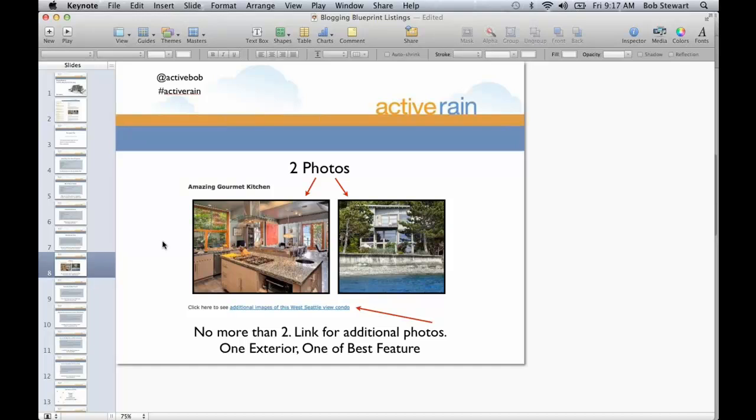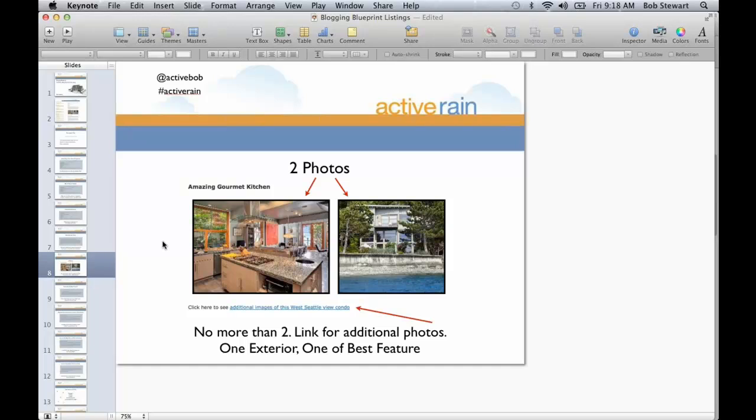Here's what I would suggest. I would have that intro photo that most of you are going to use as photo number 1 on the MLS, which is generally going to be the picture of the front of the house. Okay. The second image then I would suggest be the feature that we're going to talk about in the next paragraph. And so with your blog post and with your listings, we're going to try to identify one feature that's like, man, you got to buy this listing because it has this awesome something in it.